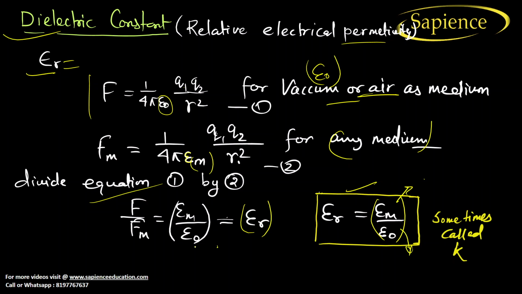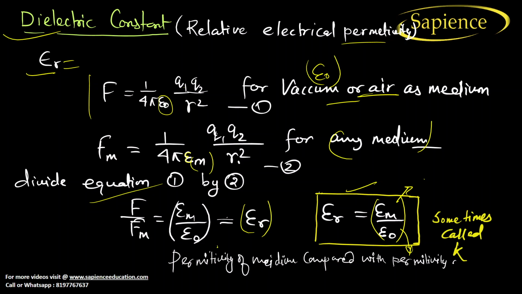So we can also write it like this: the permittivity of a medium compared with the permittivity of vacuum or air.